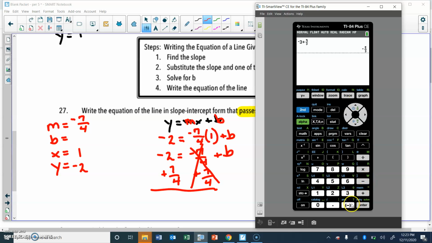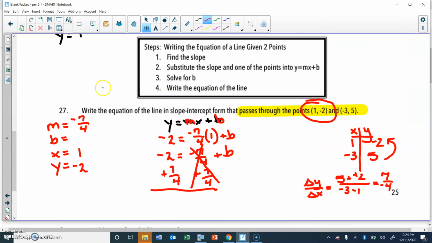So it's negative down here, 2, plus alpha y equals, enter, and then you put in your 7 over 4. And what do I get? -1/4. All right. So this is -1/4 equals b.